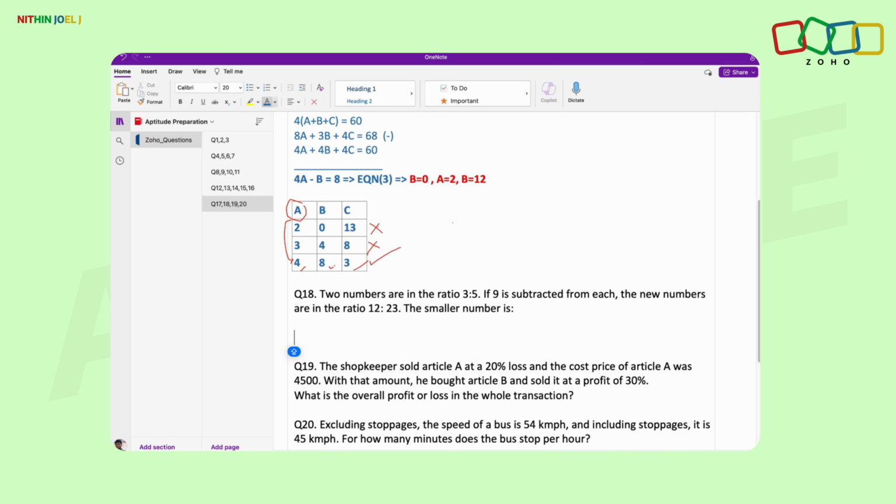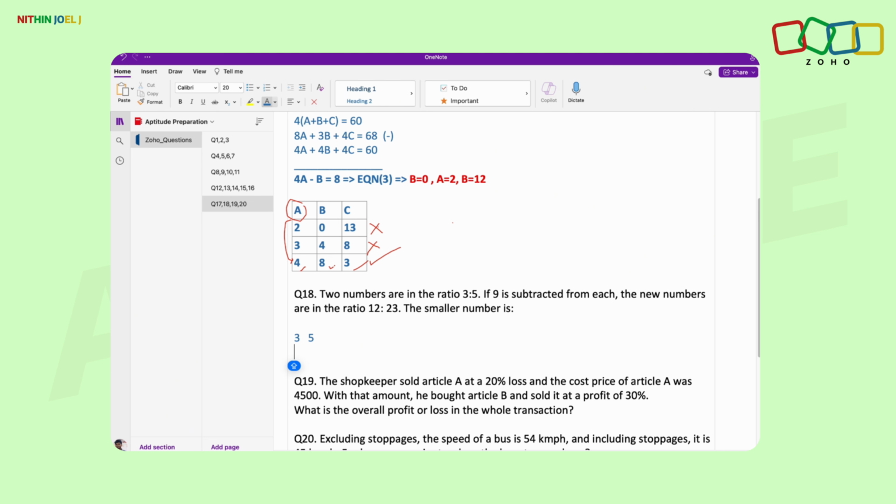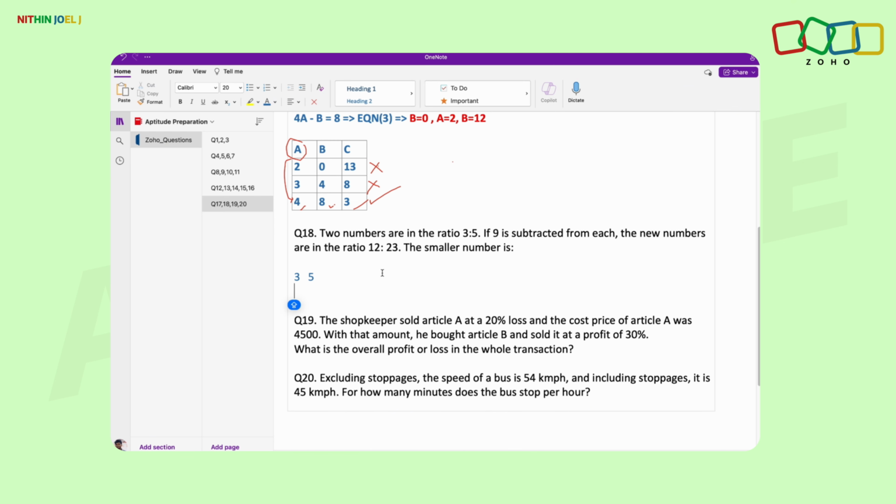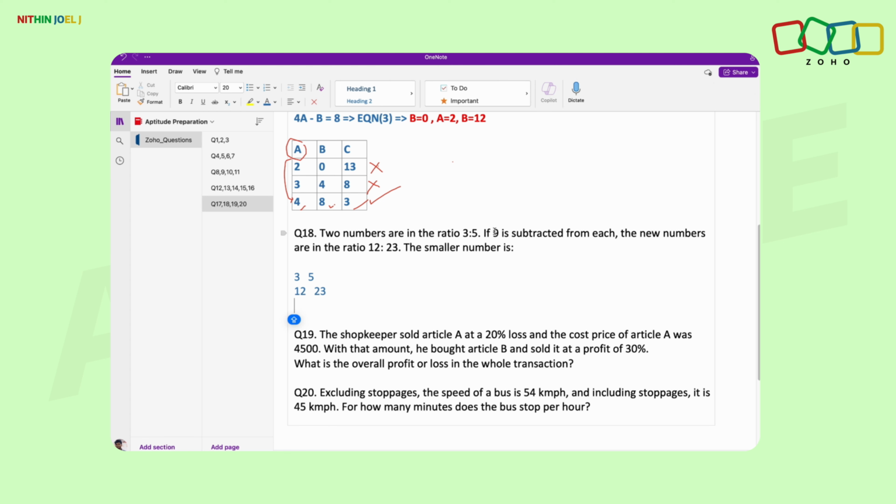So from here we have the ratio of 3:5, which is the initial ratio, right? So let's write here 3 and 5, with some spaces between. Now our second ratio is 12:23, and in the question they have provided that 9 is subtracted from each.